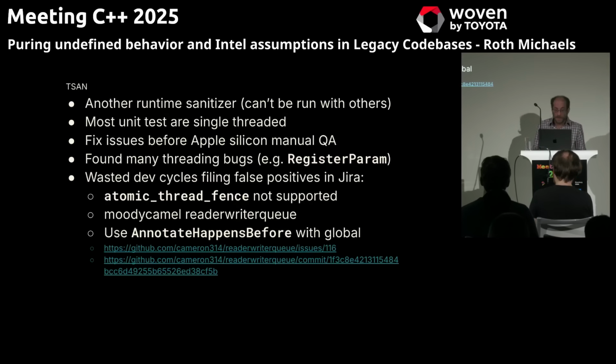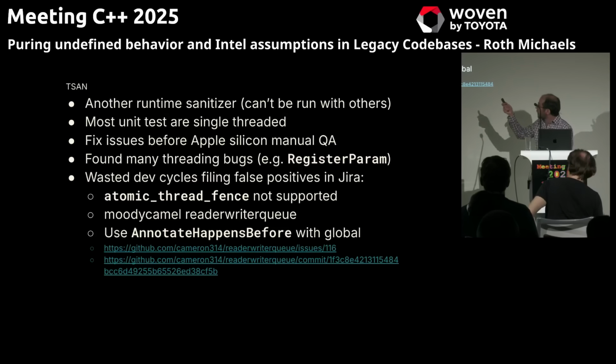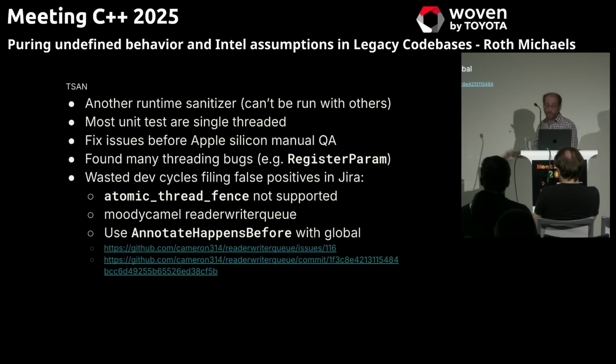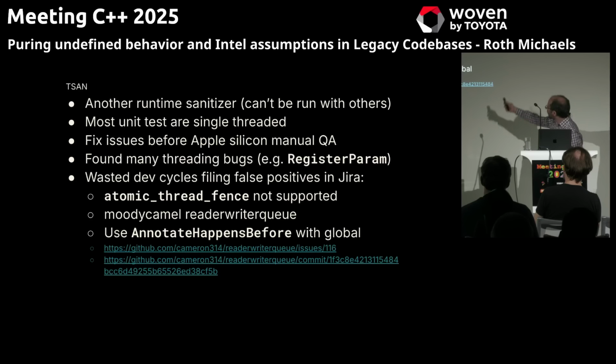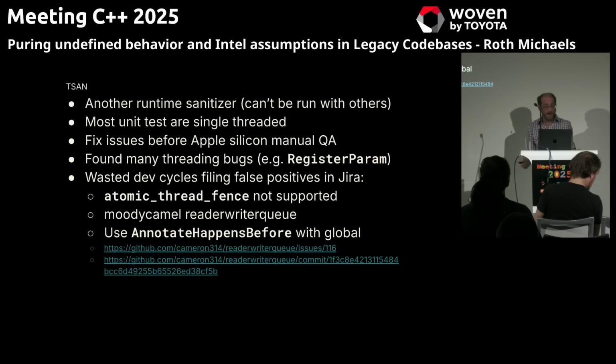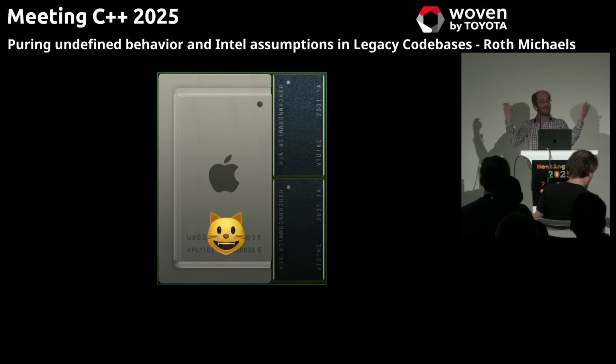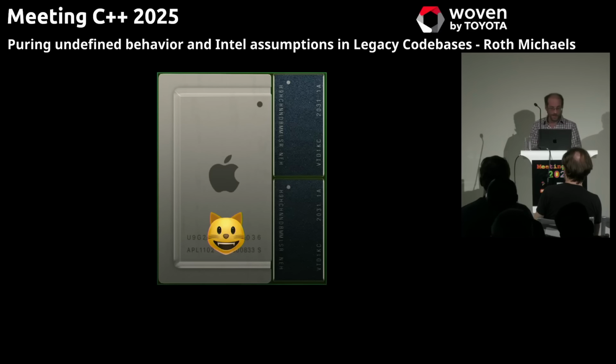For example, we're using a lock-free reader writer queue library from Moody Camel, and there are false positives in this library that needed workarounds, because I think some stuff with atomic thread fence can sometimes confuse Thread Sanitizer. These links here show some issues and commits on how to do that workaround if you're curious. But doing all that, we were now happy on Apple Silicon and our products work great.